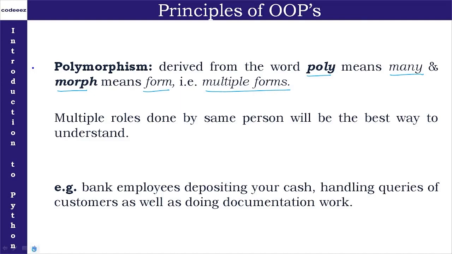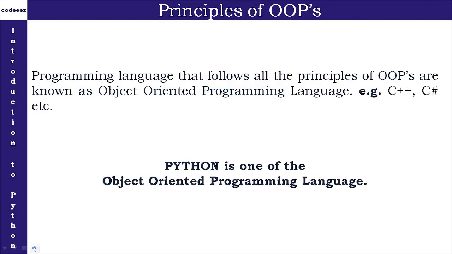So these were the five principles of OOPS, that is object, class, encapsulation, inheritance, and polymorphism. Now the programming languages that follow all these five principles of OOPS are termed object-oriented programming languages, right? For example, C++ and C Sharp are examples of object-oriented programming languages.